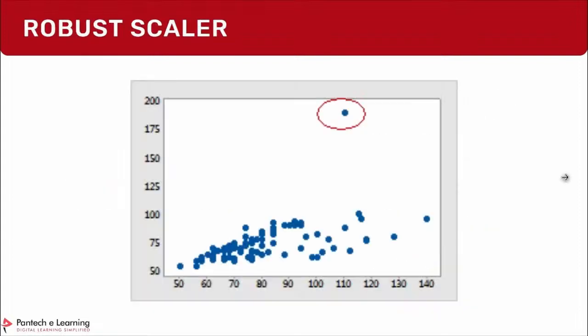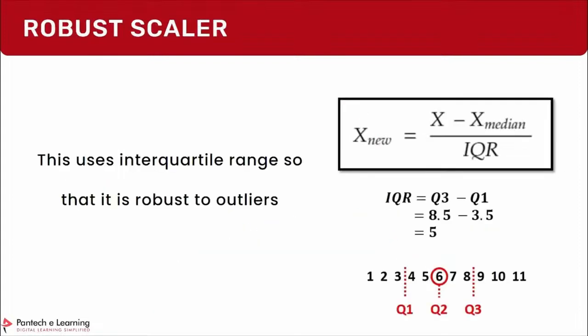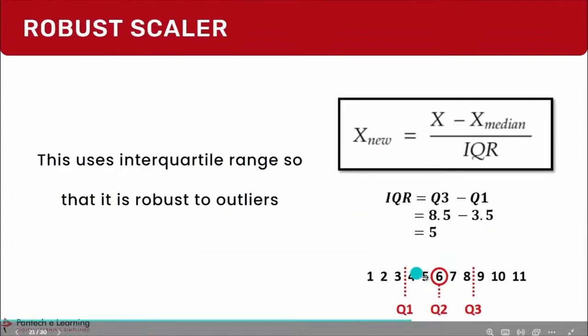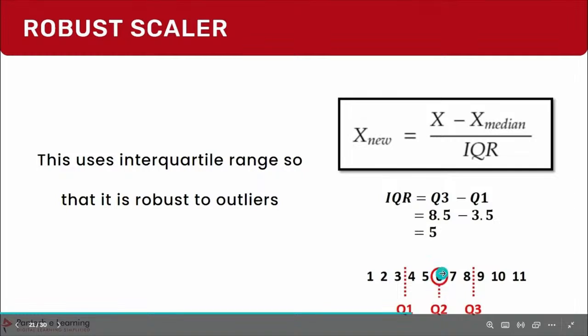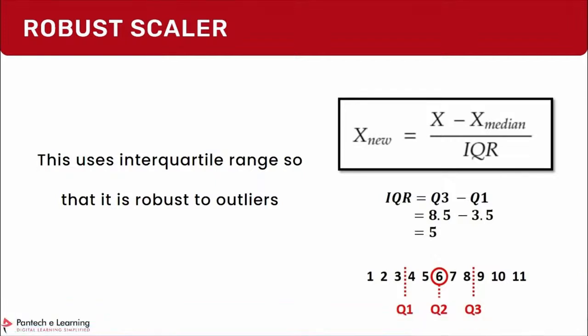this robust scaler, which uses a quartile range. It will consider the middle value and the 25th and 75th percentile. We'll see about IQR when we see about outliers. So it will take only the range which is closer, and the lower bound outliers and the upper bound, the things outside that range won't be given much importance here.